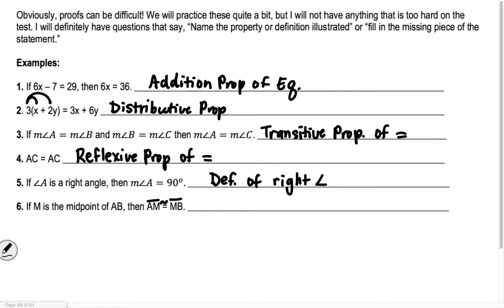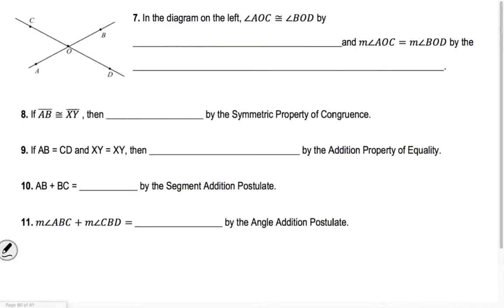That bothers me. AM is congruent to MB. What do you think? Midpoint theorem. I'm going to say definition of midpoint. The midpoint theorem is really the one that has the 1/2s in it, but would it count? Yeah, I'd probably count it. All right, good? Makes sense?